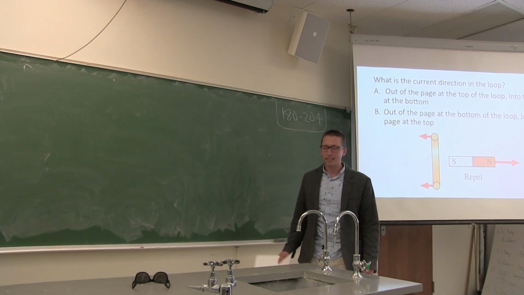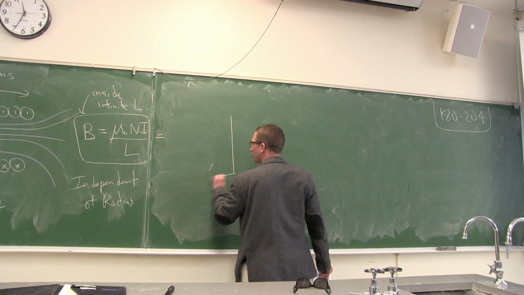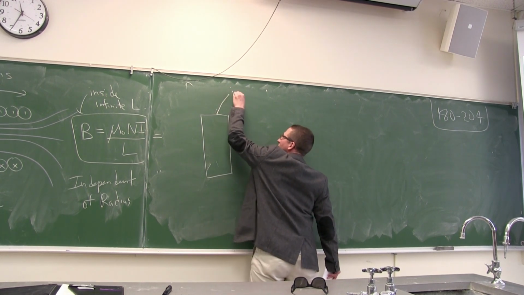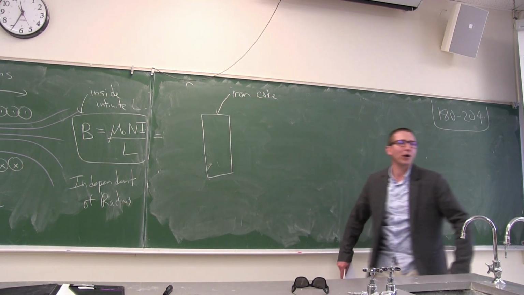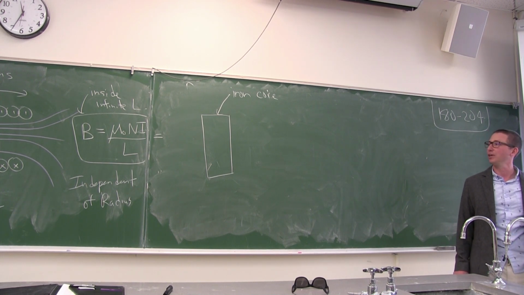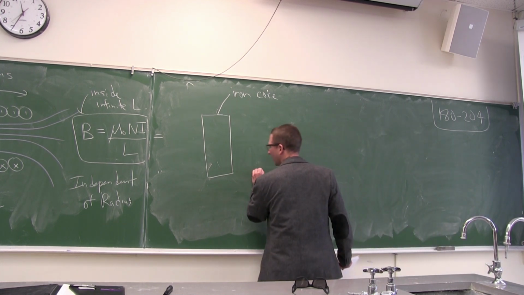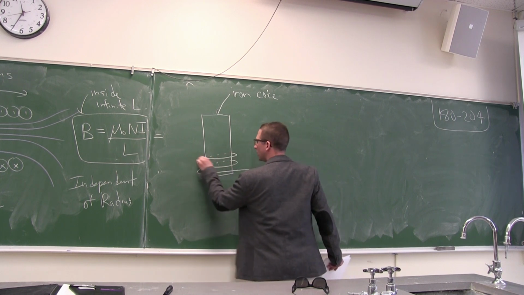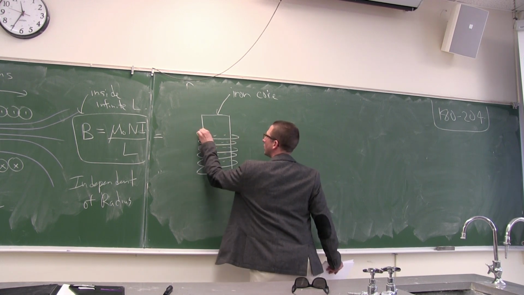Okay, so let's take this solenoid that I have here and view it from another direction. Oftentimes what we do to increase the strength of a solenoid is we put in an iron core. Iron is ferromagnetic, meaning it can be magnetized in the presence of a magnetic field. So we take this iron core and we wrap it with wire.